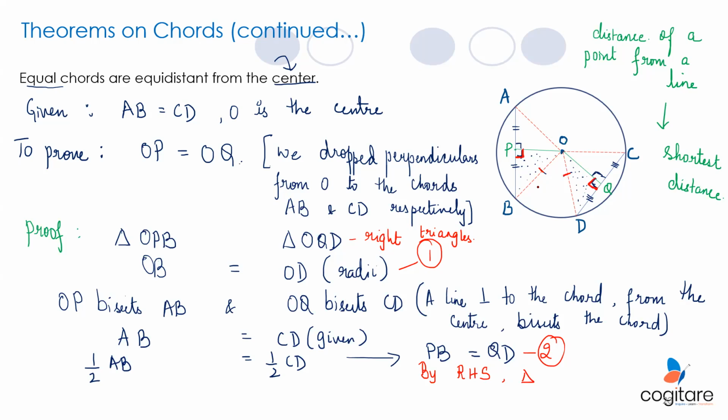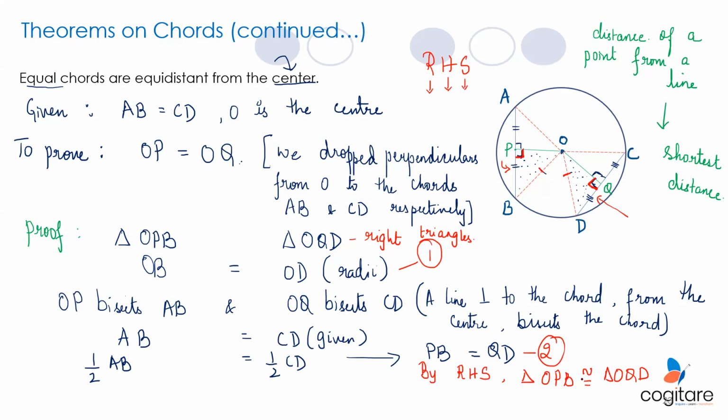We have right triangles and any one side, RHS, right angle, hypotenuse, and any one side, that side happens to be this PB and this QD. By RHS, triangle OPB is congruent to triangle OQD.